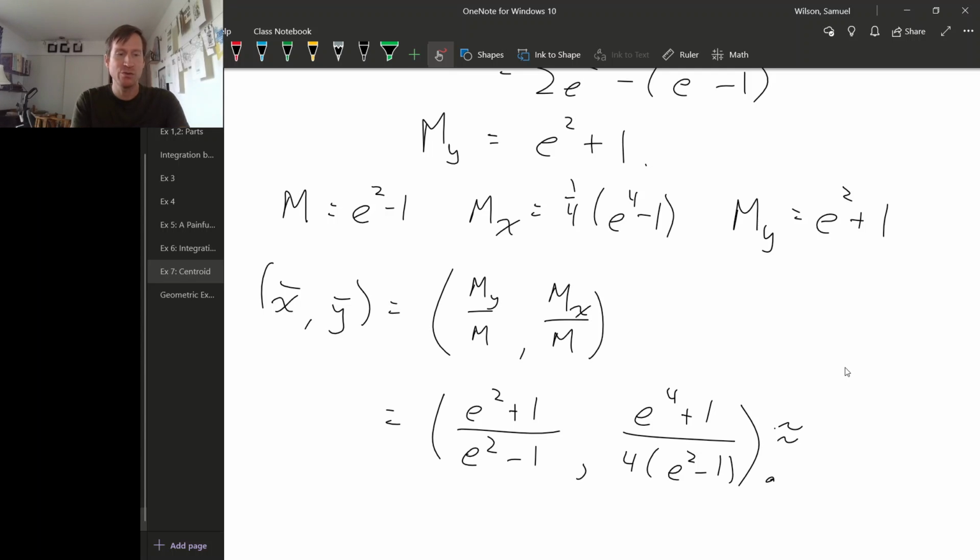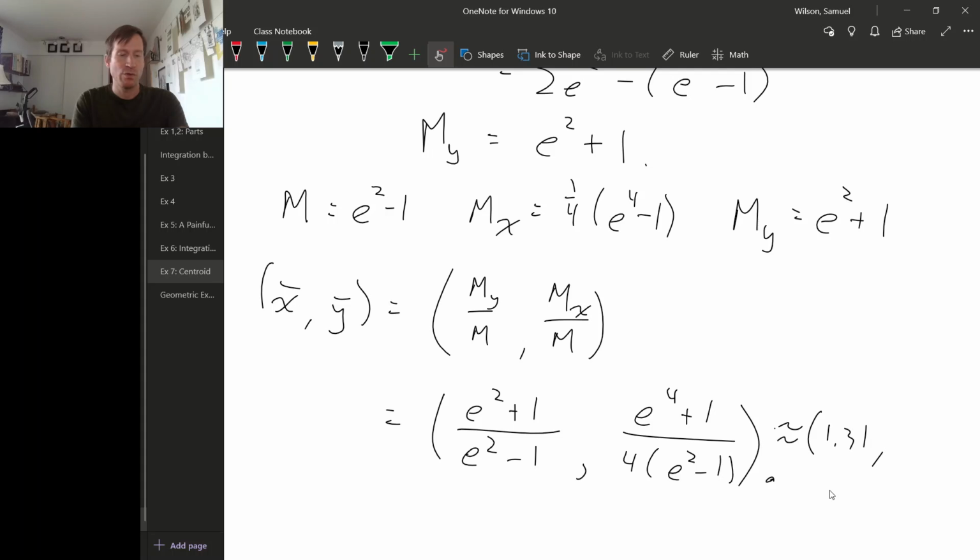So e squared plus 1 divided by e squared minus 1. So for the x coordinate, I get 1.31 about. Of course, there are many more digits there.